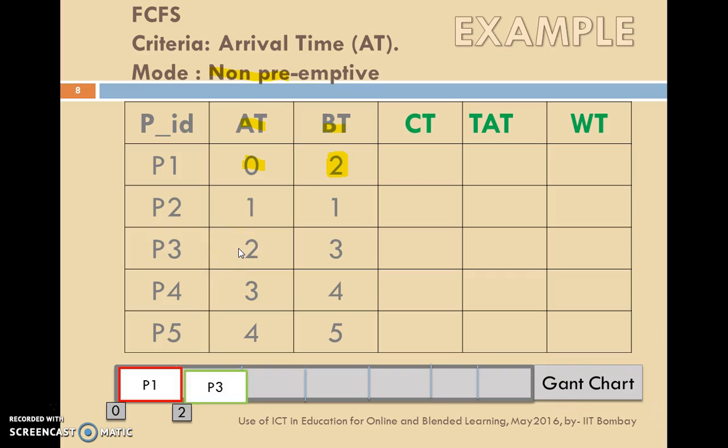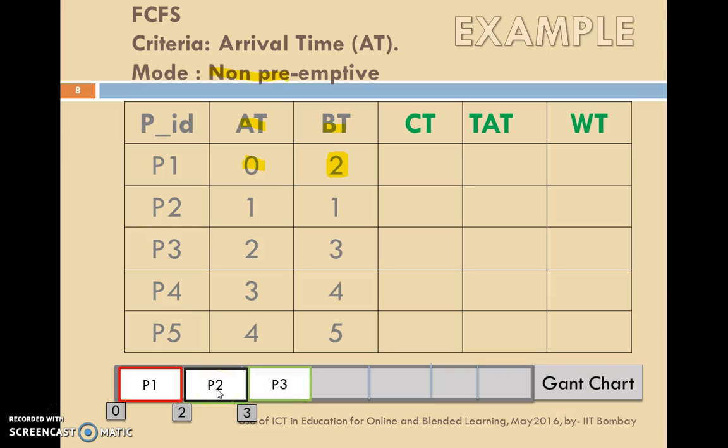Out of these we schedule process 2, and process 2 requires 1 unit of time, so in total it requires 3 units. As soon as the first process finishes, the second process starts its execution.